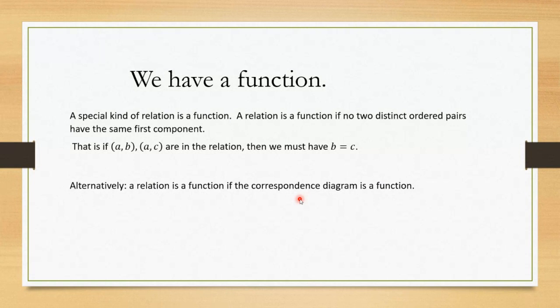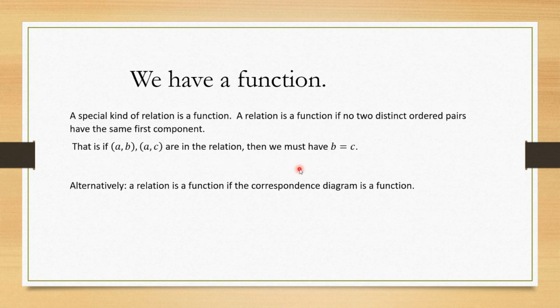You're seeing that we can represent a function in many different ways. So from a relation, you could also draw a correspondence diagram and see, well, this is a function. Or again, with a relation, if all the ordered pairs have different x coordinates. That's really what this is trying to tell you, just more mathematically.